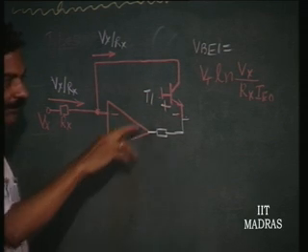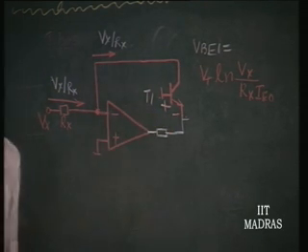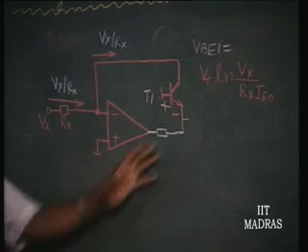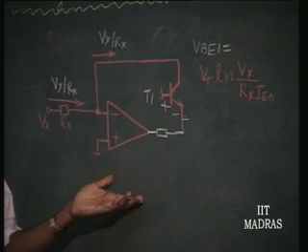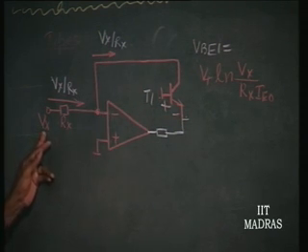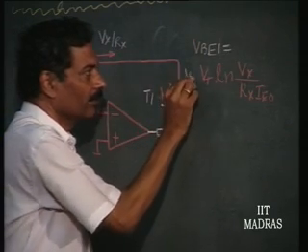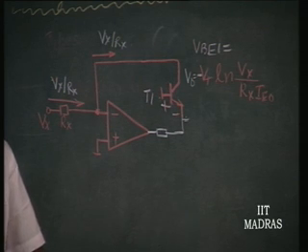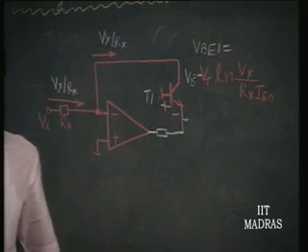I can even connect it like this. Here I am trying to discuss both. This is called a log amplifier. What we are now designing is nothing but a log amplifier. Given the input voltage Vx, it is going to give an output here which is nothing but minus Vt log Vx by Rx Ie0, whether you put a resistance or not.